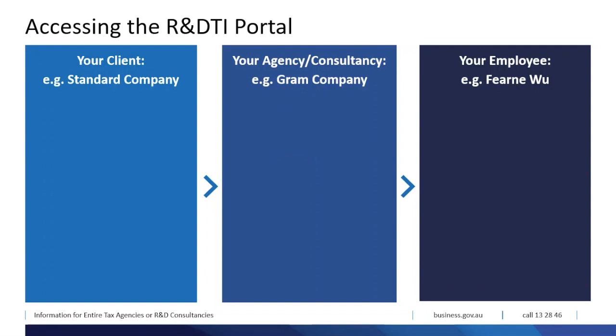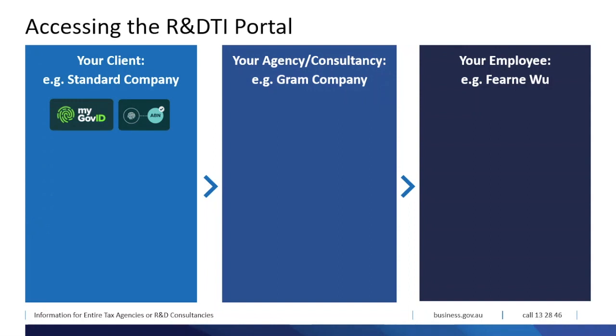In order to grant your agency or consultancy authorisation to interact with the R&DTI portal on their behalf, an individual from the client company must first obtain their myGovID. They then need to use the ATO Relationship Authorisation Manager to link their myGovID with their company's ABN.